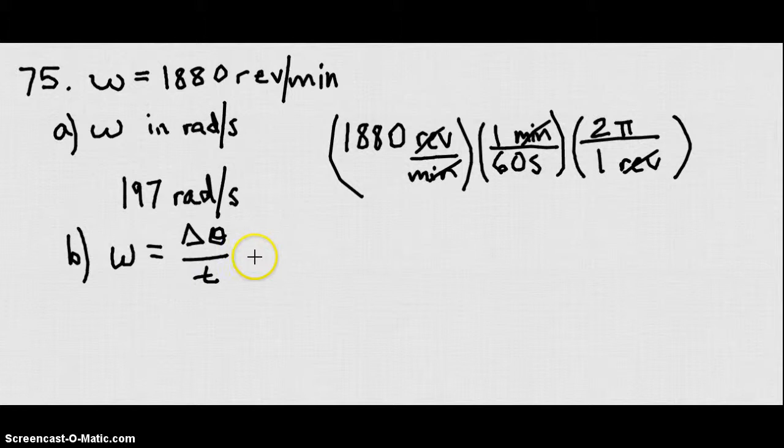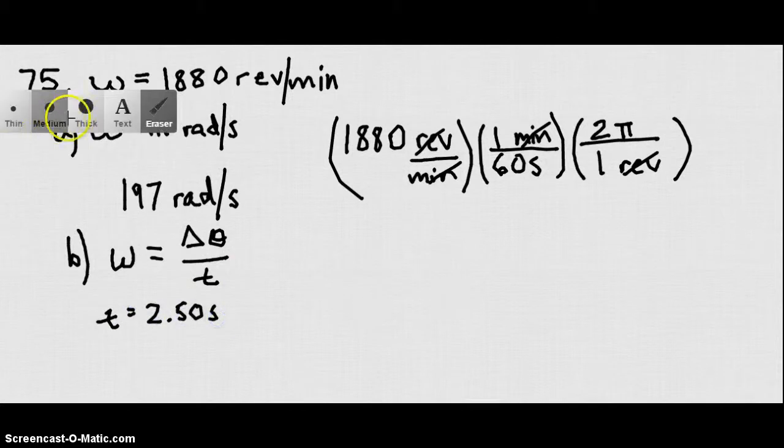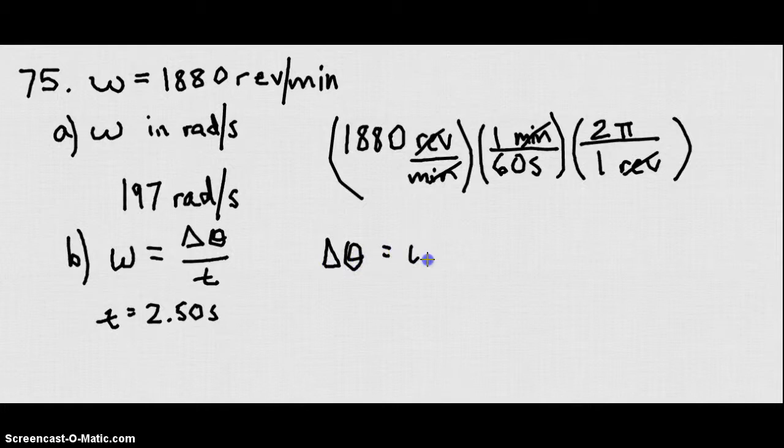So if we know that the time is 2.50 seconds, let's just go ahead and rearrange that equation, and we'll get delta theta equals omega times time, which would then be 197 radians per second times 2.50 seconds to give us an answer in radians.